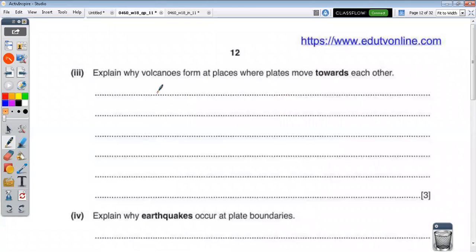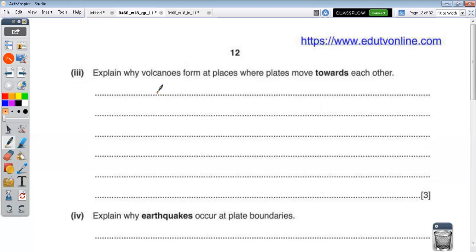Explain why volcanoes form when plates move towards each other. Why do volcanoes form when plates move towards each other? Can someone try? Mike, you have learned that. Don't lie that you haven't learned it from your other school. Form 3, I'm sure you've learned earthquakes.